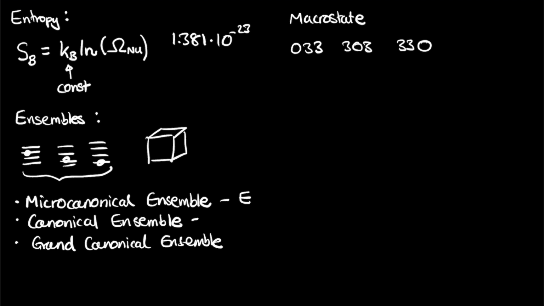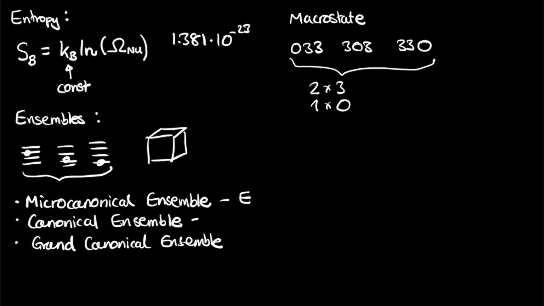A macrostate is like a combination of numbers, whereas the microstate is, of course, a permutation. So this right here is collectively one macrostate. It's the macrostate that has two lots of 3s and one lot of 0s. That is how you define a macrostate.